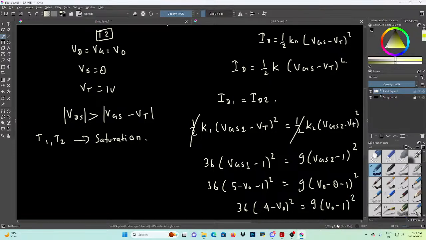Okay. So if you square root both sides, since this is 36 and 9, it makes that one even simpler.